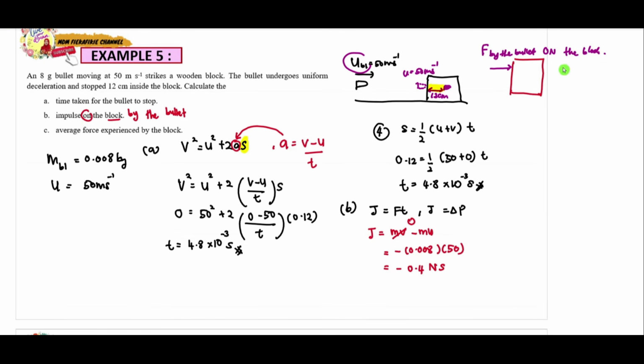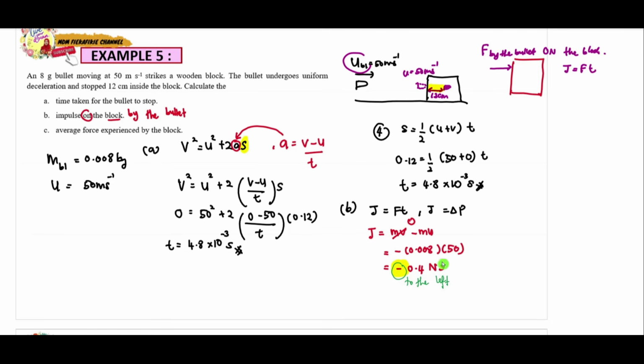Sebab kita tahu formula impulse J is equal to Ft. So if the direction of the force exerted by the bullet on the block is to the right, so impulse also to the right. But in this case, jawapan kita dapat negatif. So bila jawapan kita dapat negatif, we consider the direction here is to the left.